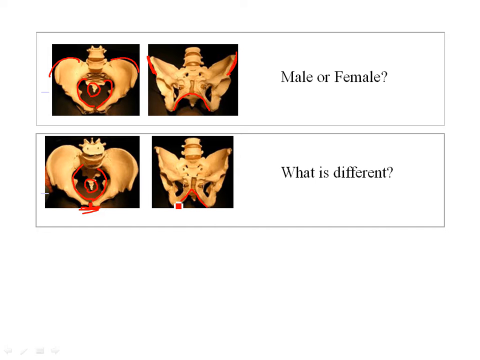The pubic arch on this pelvis is very obtuse, to where the angle is very acute on this other one. Acute means that it forms a sharper angle. Obtuse is less sharp. So think now, if you haven't already, about why there would be a difference in male and female pelvises.